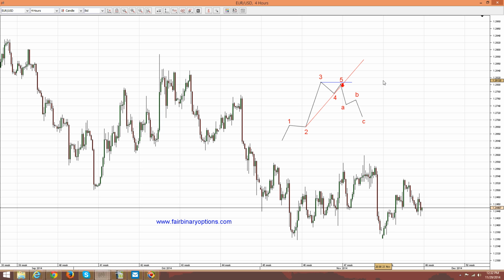Excellent. What would be our expiration date? The expiration date can only be the one given by the time frame that you are trading. If the five-wave structure is to the upside, for example, or to the downside, it doesn't really matter because the principle is the same. If the five-wave structure is on the 4-hour chart, then definitely we want an expiration date like end of day or end of week.